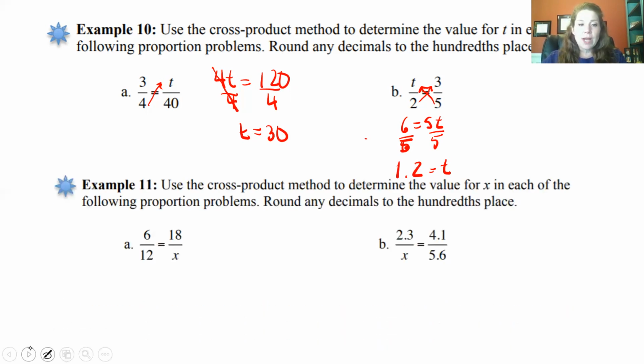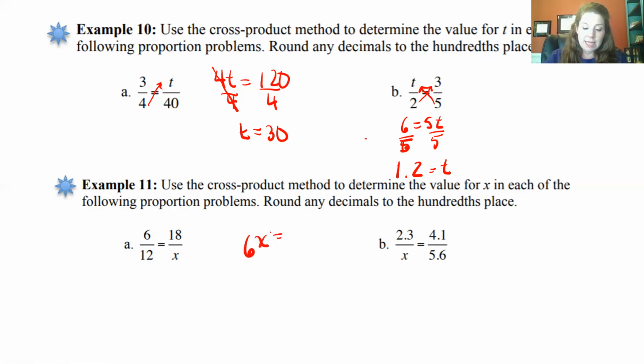All right, example 11. Use the cross product method to determine the value for x in each of the following proportion problems. Round any decimals to the hundredths place. So we're going to cross multiply. 6 times x is 6x.